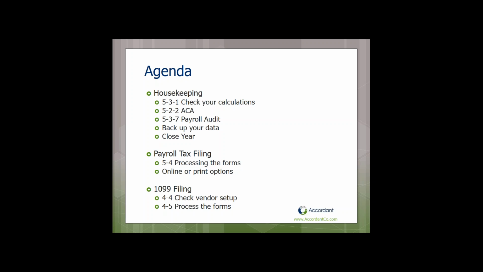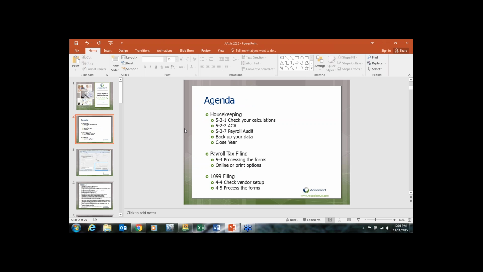We'll go through the payroll audit steps, show you how to back up your data, and then close your payroll year. Then we'll go through how we process Aatrix forms for both the W-2s and the 1099s, after we do some vendor housekeeping also.